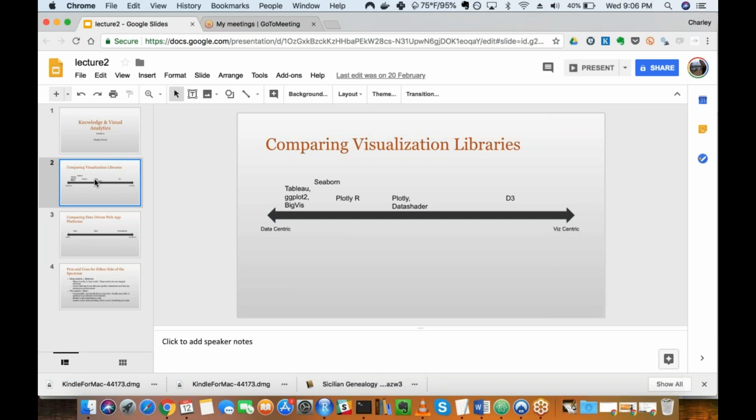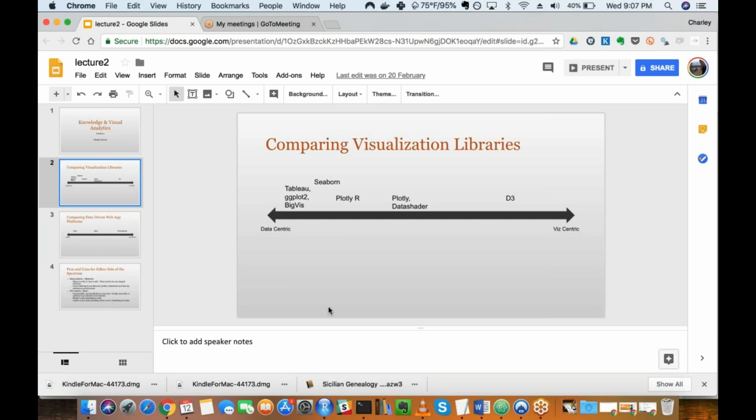Or, on the other side of things, you're doing more ad hoc visualizations: you have a new data set and you're simply feeling your way around it. So I'm framing this on a scale that leans from more data centric to more visualization centric. And along this scale, there are trade-offs.